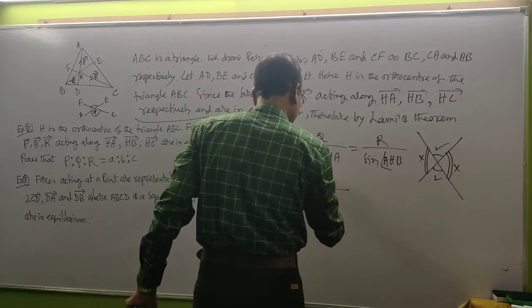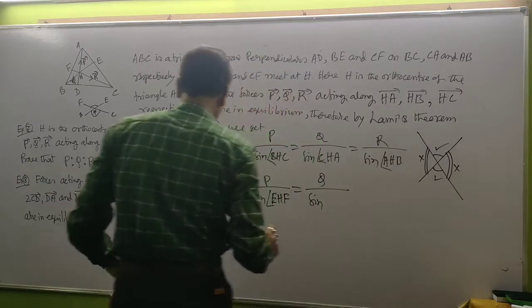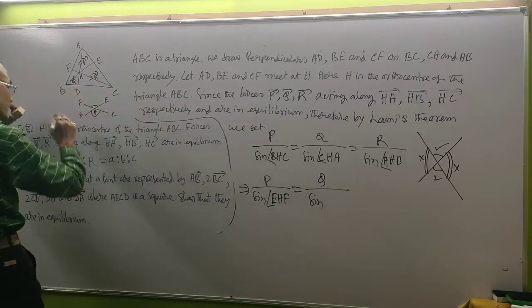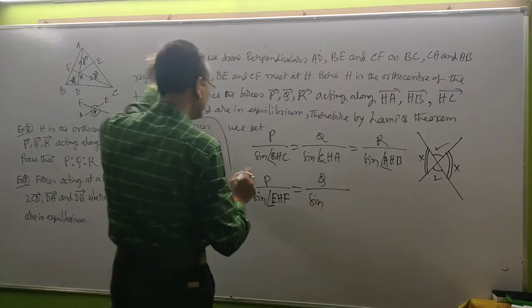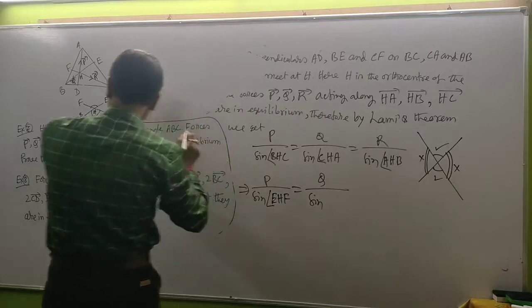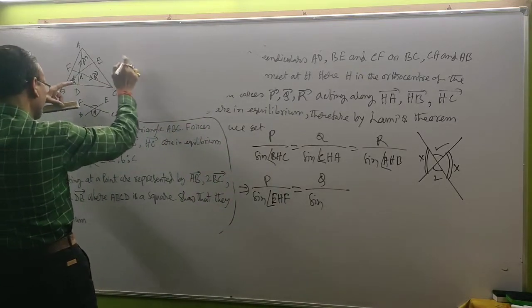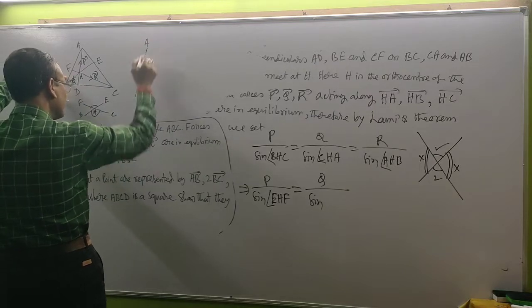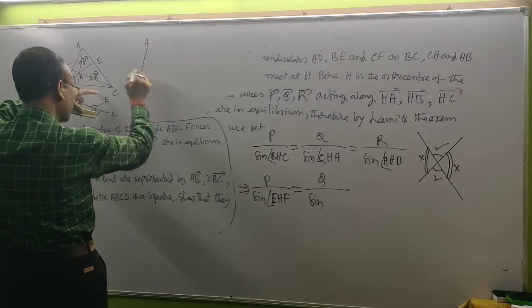This is equal to Q divided by sine CHA. Now consider the lines AD and CF.